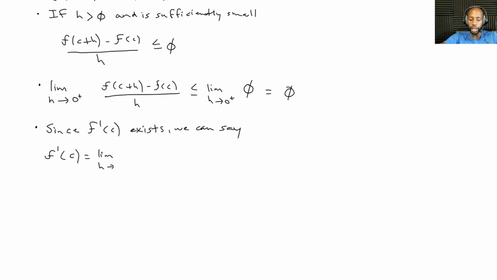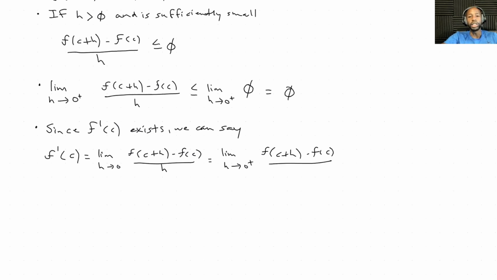Notice we don't have a plus or minus, of f of c plus h minus f of c over h, which is equal to the limit as h approaches 0 from the right of f of c plus h minus f of c over h. Okay. All right. So let's make sense of this.